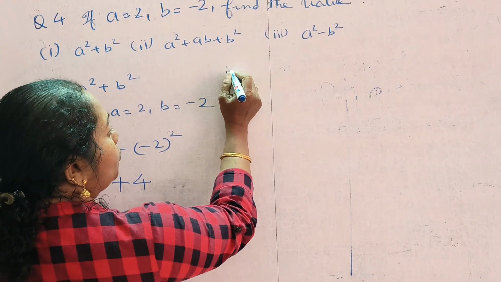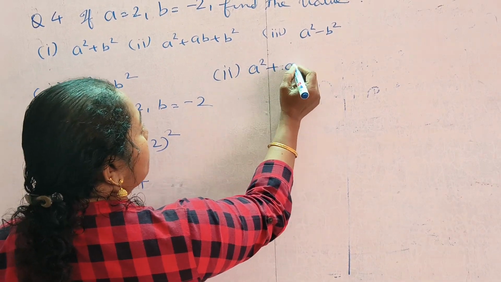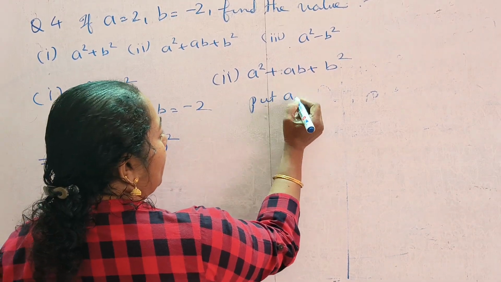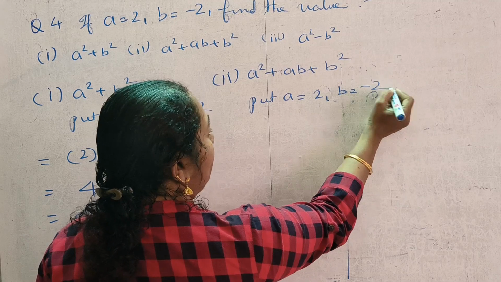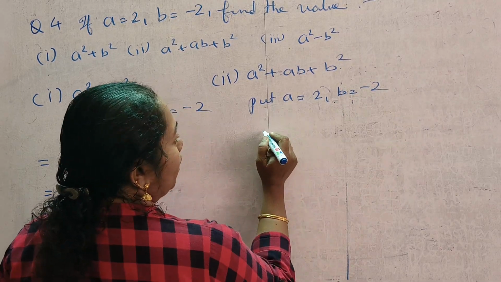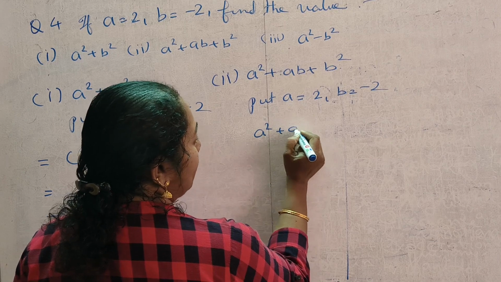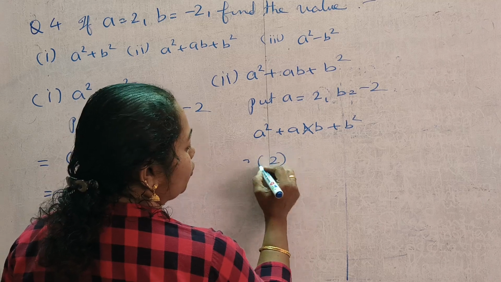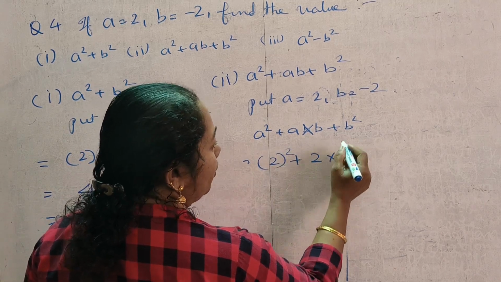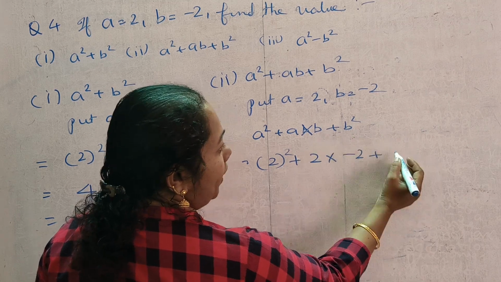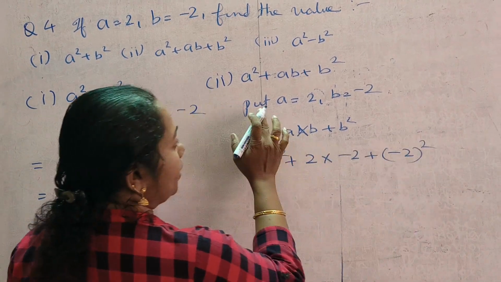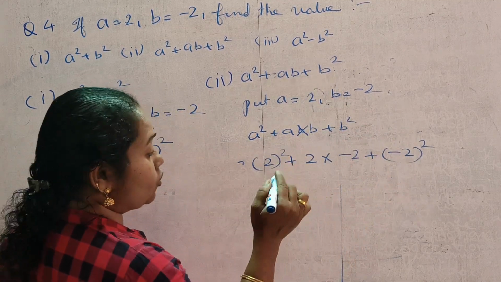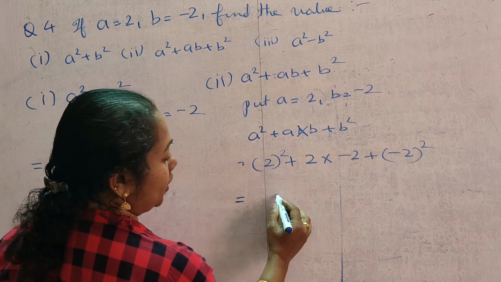Okay. Question number 2. a squared plus ab plus b squared. Again we have to put the value of a as 2 and b as minus 2. So a squared plus ab, ab means a into b, plus b squared. a squared means 2 squared, plus a means 2, b means minus 2, plus b squared means minus 2 squared. 2 squared means 2 into 2, that is 4.